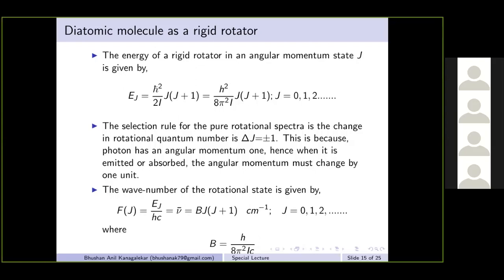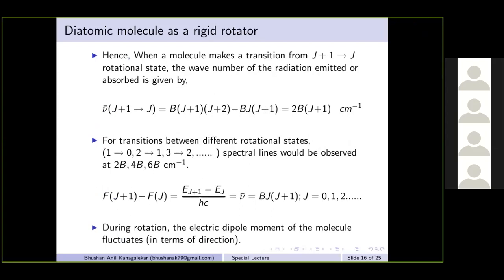Okay, so when it is in the same vibrational state, v is equal to 0 or v is equal to 1, it is transiting from J is equal to 1 to 0, J is equal to 2 to 1. Like that, you will get the rotational lines successively. With BJ(J+1), you will get the rotational lines at 2B for the 1 to 0 transition, 4B for the 2 to 1 transition.